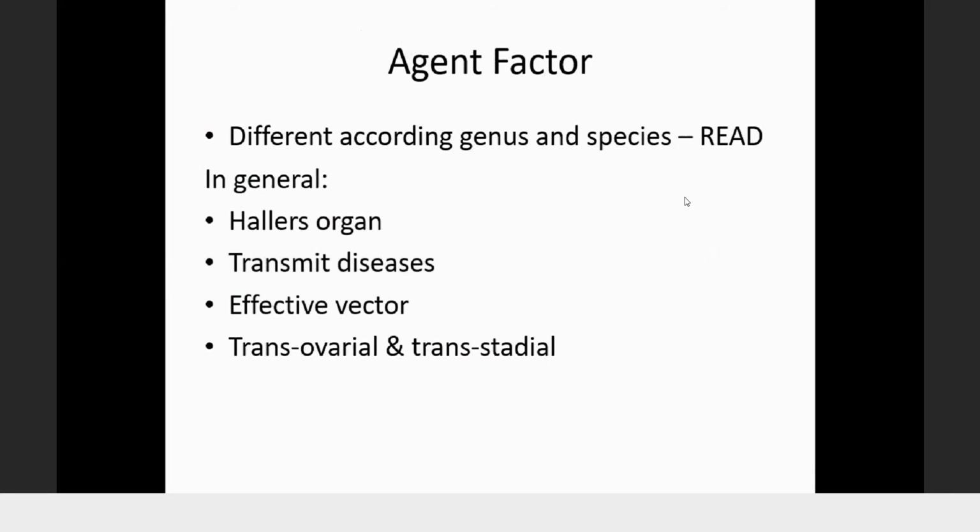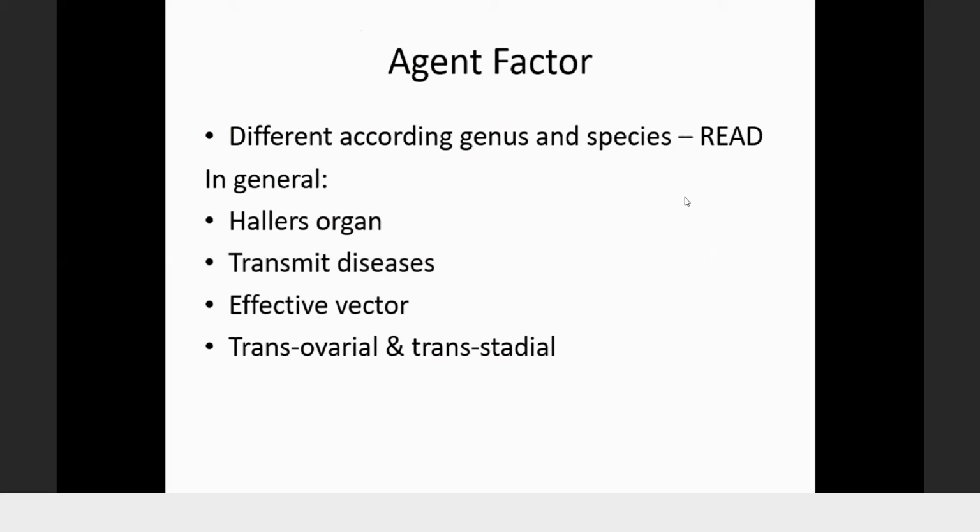Okay, so for the agent factor, as I mentioned before, different ticks according to genus and species have their own characteristics. For example, Amblyomma have very long mouthparts, so they can cause very painful bites. Things like this, you need to go back to your previous lecture. In general, the hairless organ is special for ticks, and it is used to identify hosts by using carbon dioxide, temperature, and also humidity.